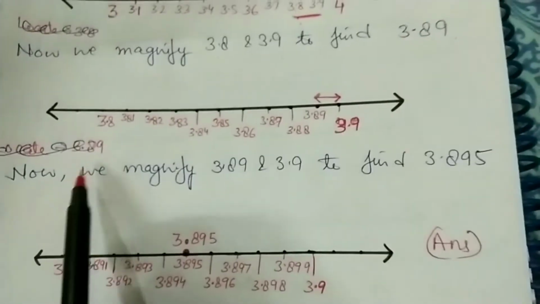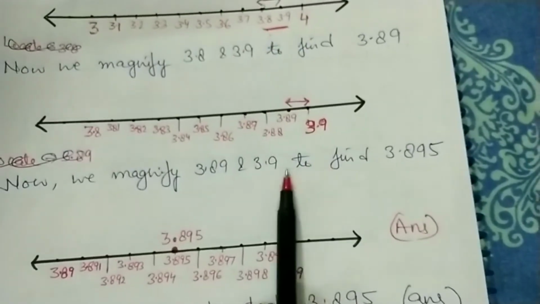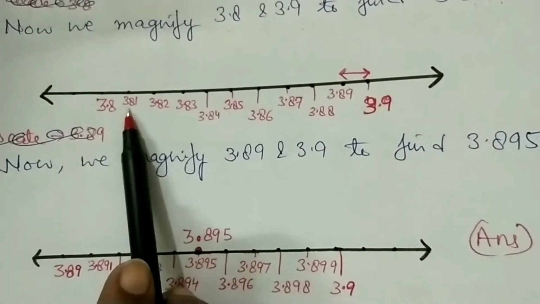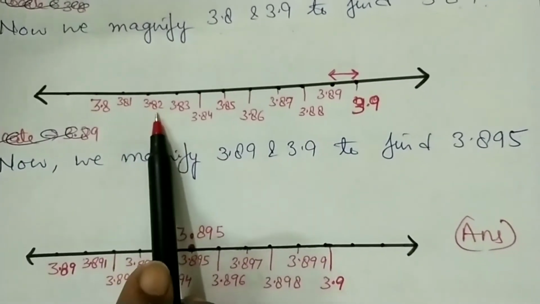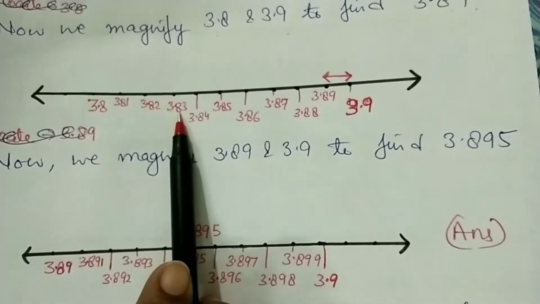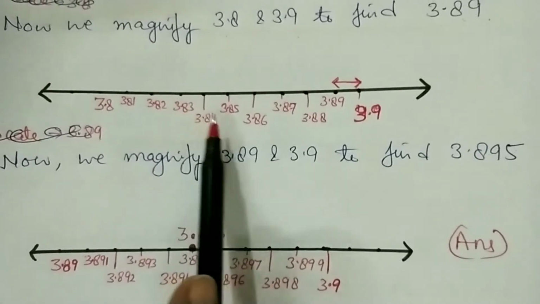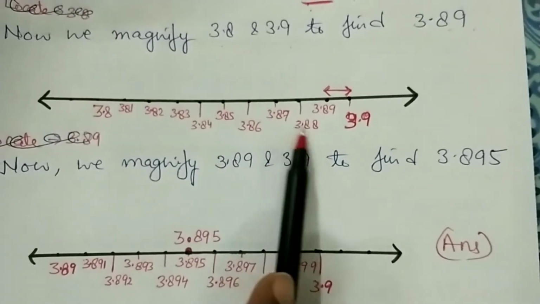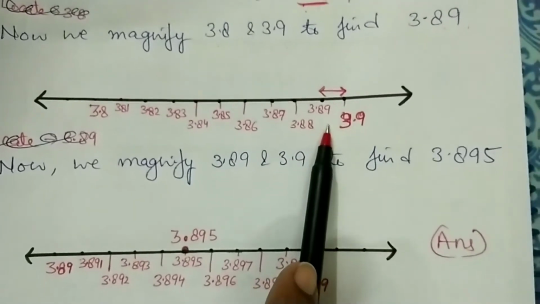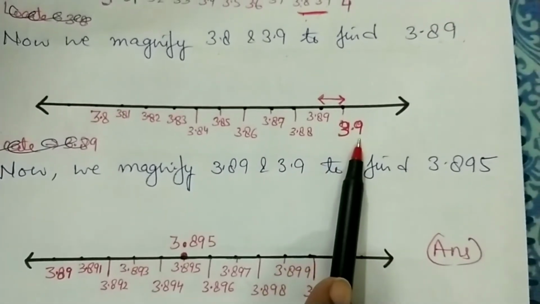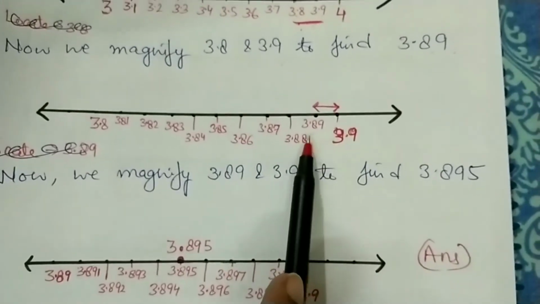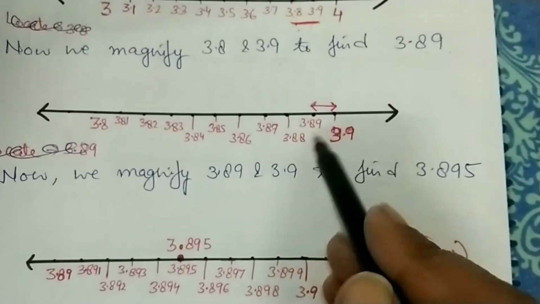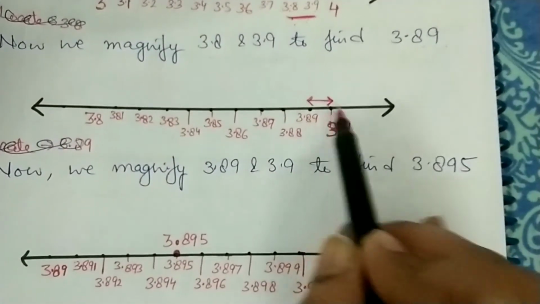Now let's magnify 3.8 and 3.9. By magnifying, we will get 3.81, 3.82, 3.83, 3.84, 3.85, 3.86, 3.87, 3.88, 3.89, and then 3.9. The number was 3.895, so this will lie in between 3.89 and 3.9.